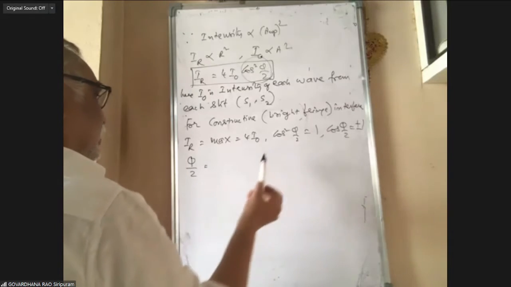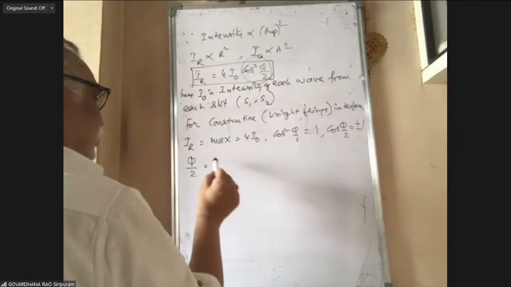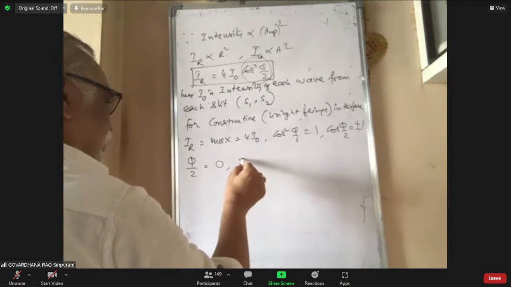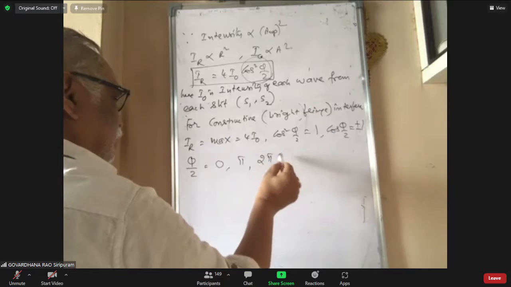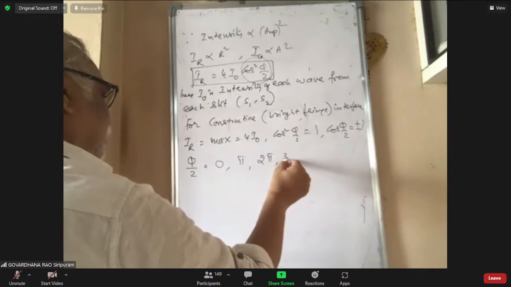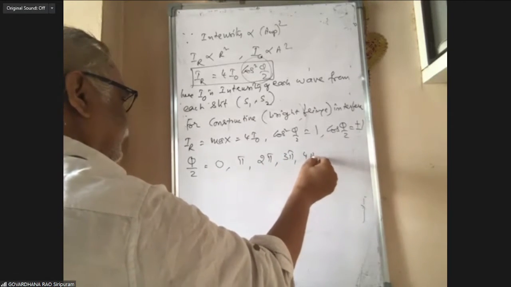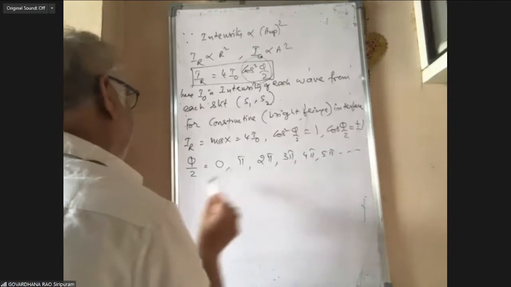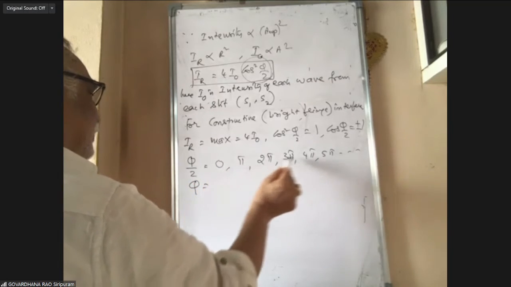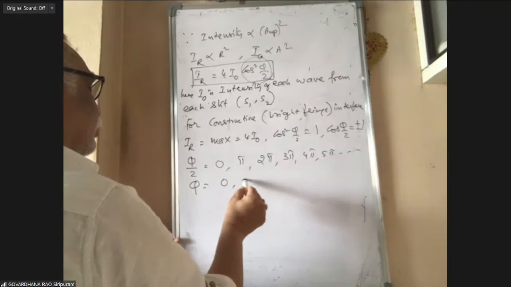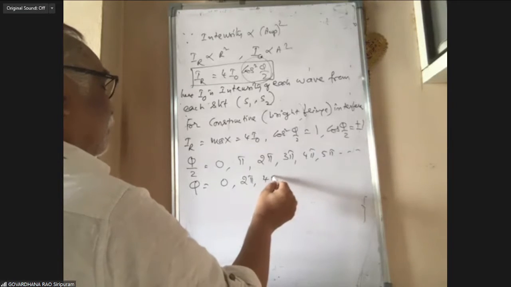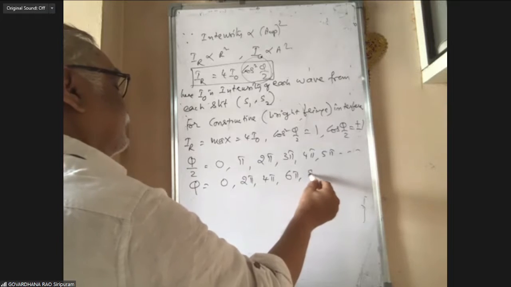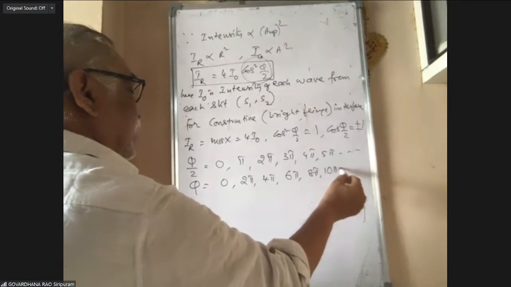What is phi by 2 here? Plus or minus 1 means cos 0 is plus 1, cos pi is minus 1, cos 2 pi is plus 1, cos 3 pi is minus 1, like this, 4 pi, 5 pi and so on. And phi by 2 is equal to 0, pi, 2 pi, and so on. Multiply with 2: phi is 0, 2 pi, 4 pi, 6 pi, 8 pi, 10 pi and so on.